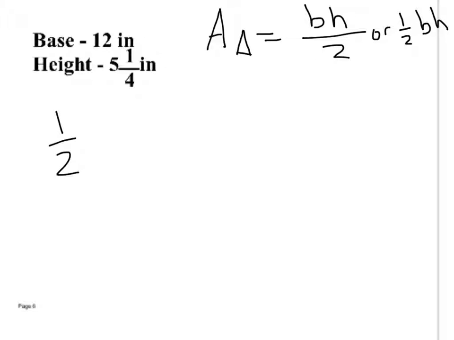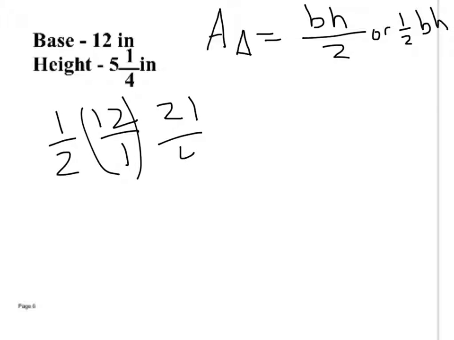So I write the half. I write my base, which is 12, over 1. I replace my height with 5 1/4. Now what I want to do is make that an improper fraction. So I take 5 times 4 plus 1, 21 over 4. Now I go to work. 1/2 times 12 times 21 over 4.